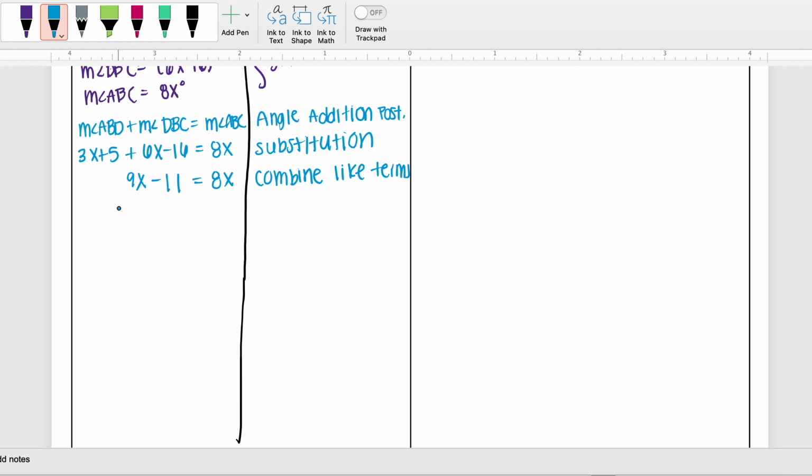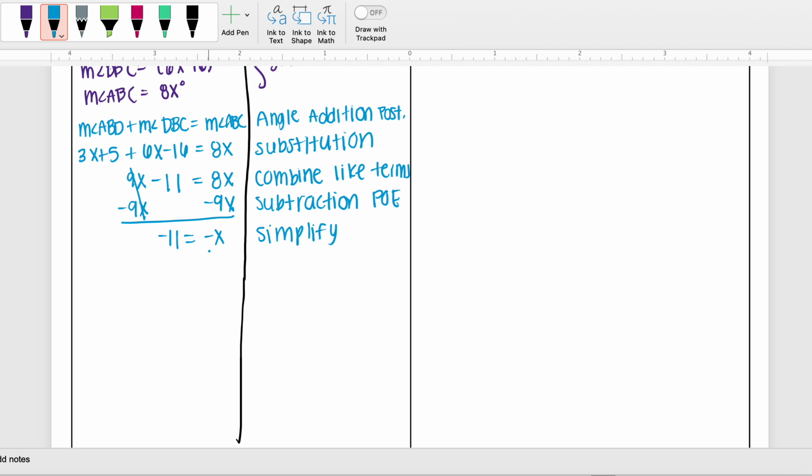Okay, and next I'm going to subtract 9x from both sides. And I get negative x. So my reason for subtracting, that is my subtraction POE. And then this step, all I did was simplify.